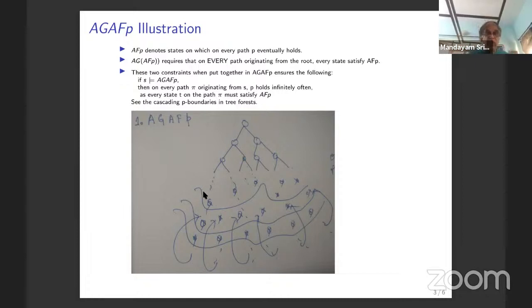So what AG of AF of P says is that on every branching path, at some point you reach a state where P holds. Okay, so you have these kinds of frontiers.